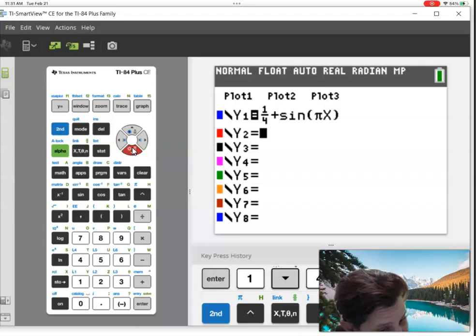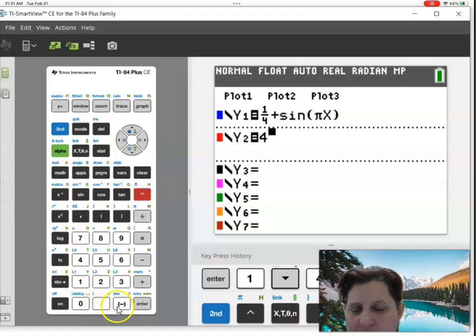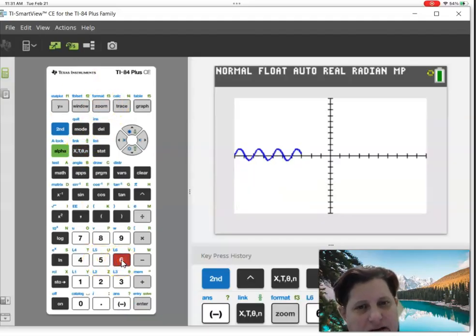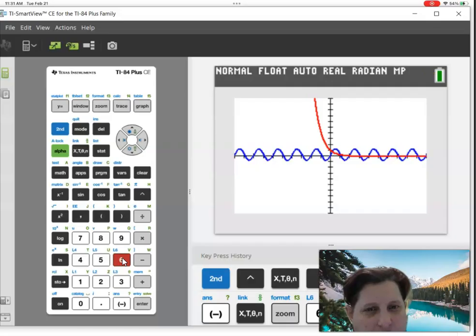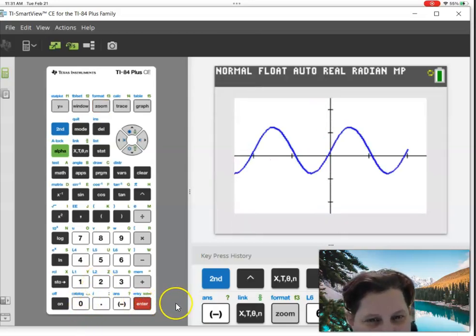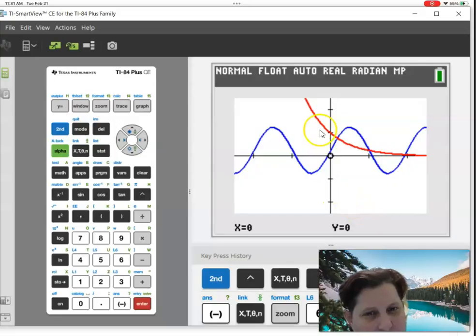All right, and then my next equation is 4 to the negative x. I'll start off with just a zoom 6. All right, and then I'm like, oh yeah, it only wanted this little region in the first quadrant. So why don't I zoom? You could go zoom in, you could try zoom box. Let me zoom in a little bit. That gives me a great picture.